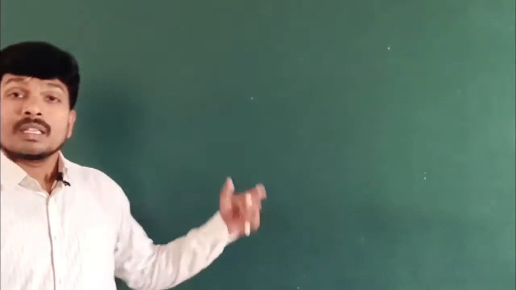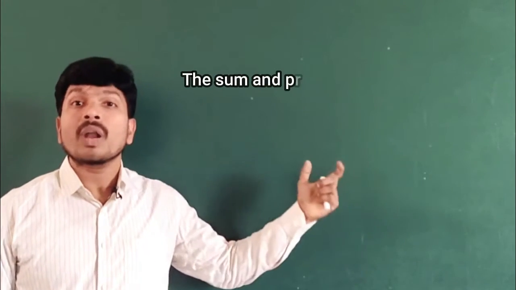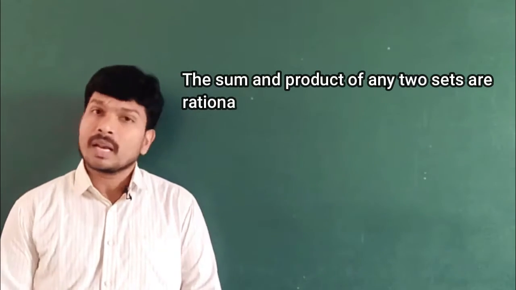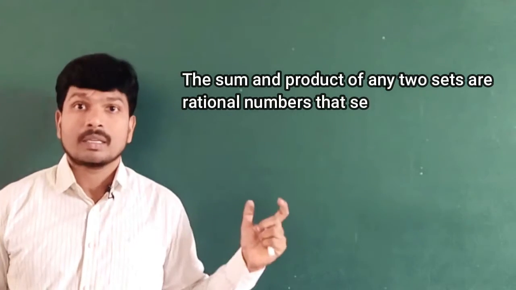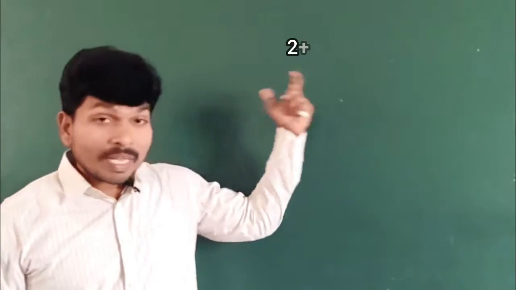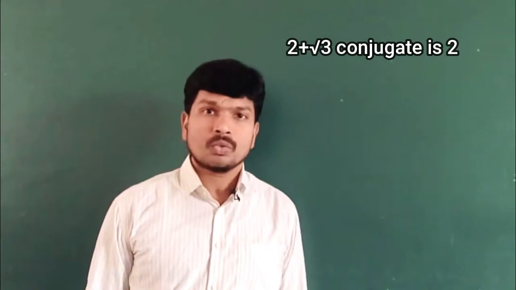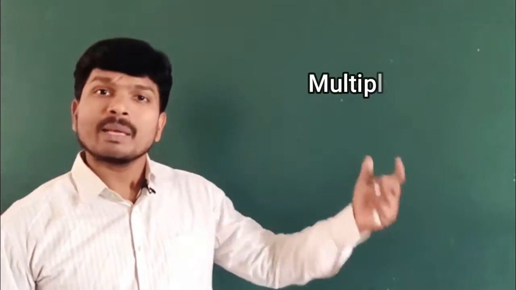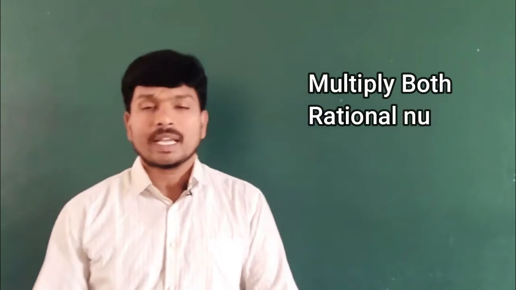What is the definition of conjugate of a surd? If the sum and product of any two surds are rational numbers, then those surds are conjugates to each other. 2 plus root 3's conjugate is 2 minus root 3, and 2 minus root 3's conjugate is 2 plus root 3, because when you add both you get a rational number, and when you multiply both, definitely you will get a rational number.